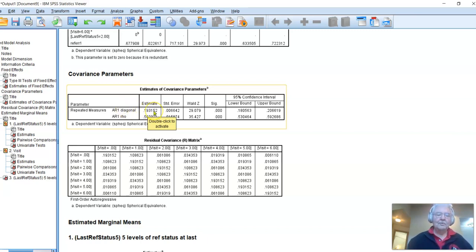This is your pooled variance, and it's the same for everybody, but the standard error depends on the number of subjects involved at each visit. People drop out in this longitudinal study, so you're getting fewer and fewer numbers, so the variance gets bigger and the confidence interval is going to increase over time.